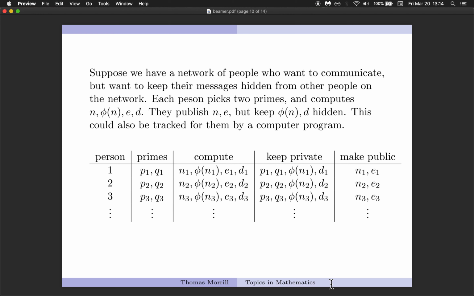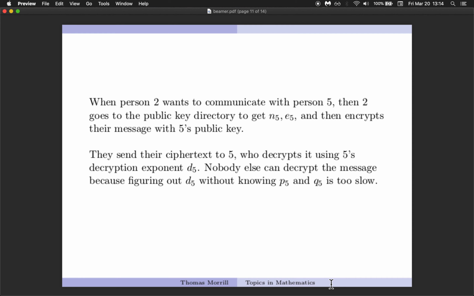The benefit of this is that if you want to talk to somebody securely, you don't need to meet beforehand. You don't need to establish a shared crypto system that only you and them know. All you have to do is look up their details in the database.